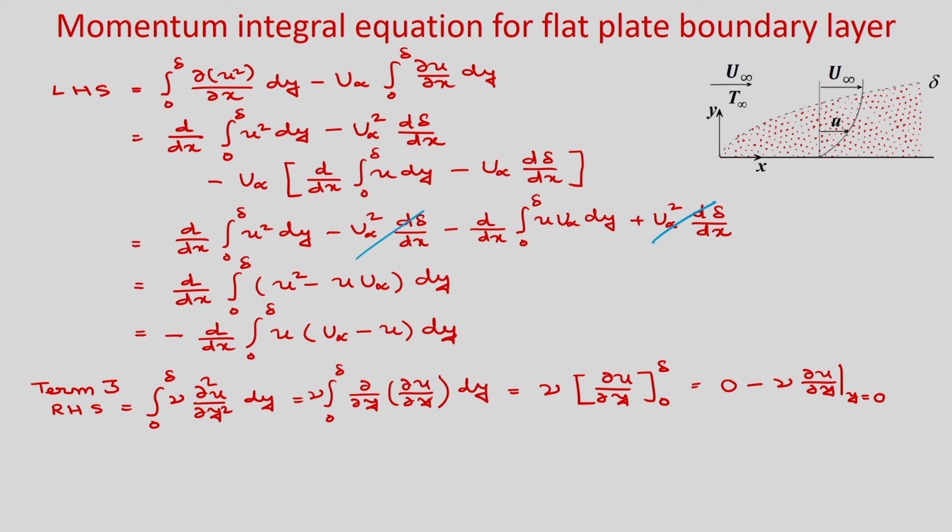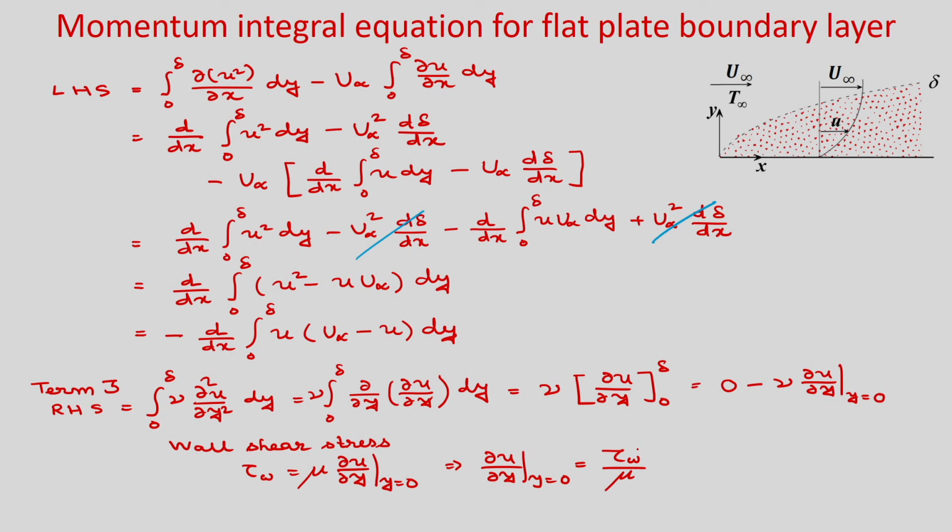Now, this term we can represent in terms of the wall shear stress τw. So, τw is μ ∂u/∂y at y = 0, right. So, you can write ∂u/∂y at y = 0 as τw/μ.